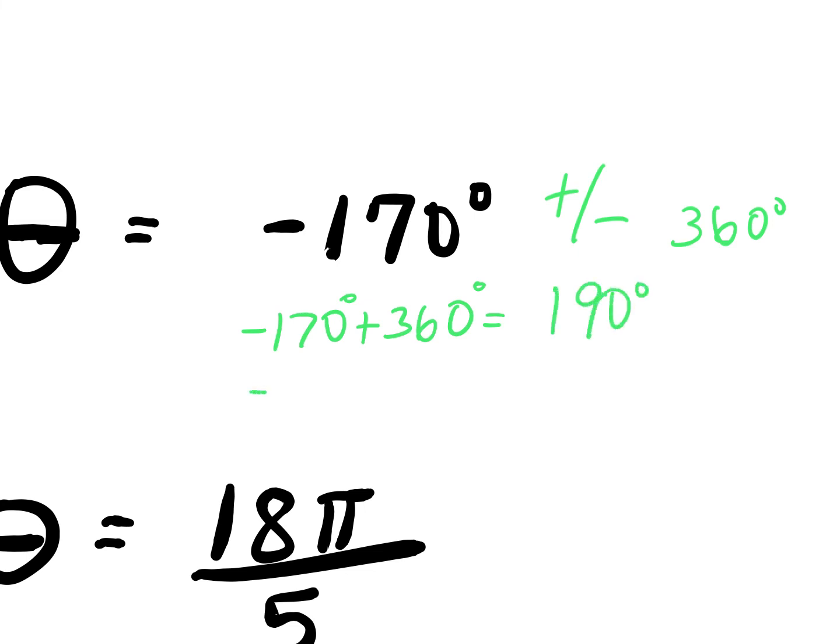Now I'm going to say negative 170 minus 360. What does that give me? Negative 530 degrees. Do I have one negative and one positive? Yes. If I started at negative 170 and went one whole circle around, I'd end up at positive 190, but I'd be in the same exact spot.